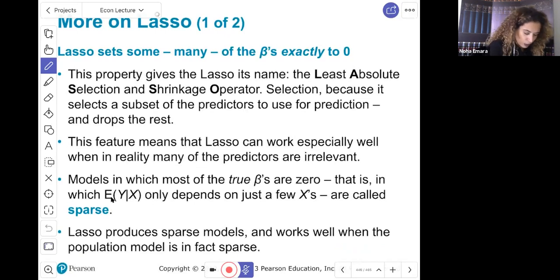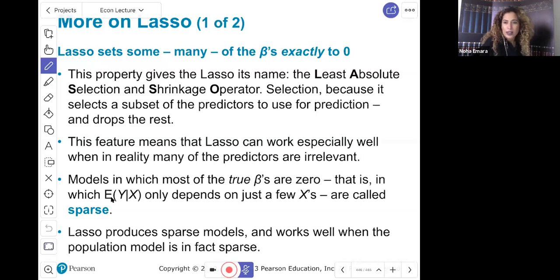And that brings us to the name given to the lasso estimation, which is the least absolute selection and shrinkage operator. That's why it's called lasso. And this one is, as I said, the best when you have so many predictors that are irrelevant.